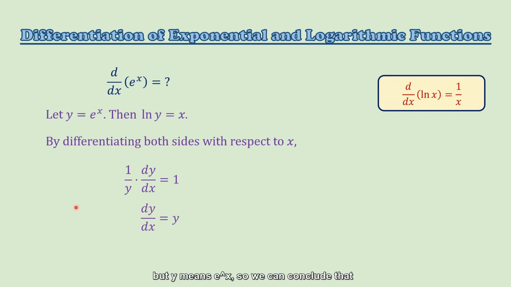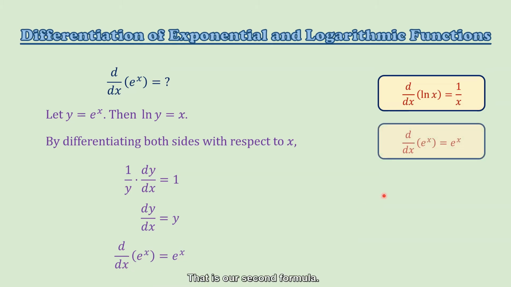But y means e to the power x, so we can conclude that d e to the power x over dx is equal to e to the power x. That means it is equal to itself. That is our second formula. Please note that in this example, we do not find dy/dx directly.